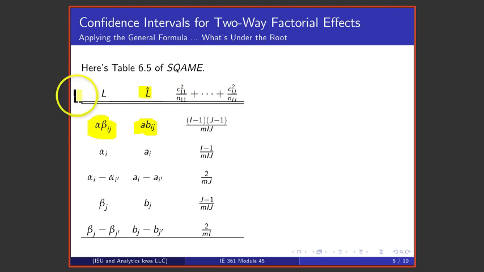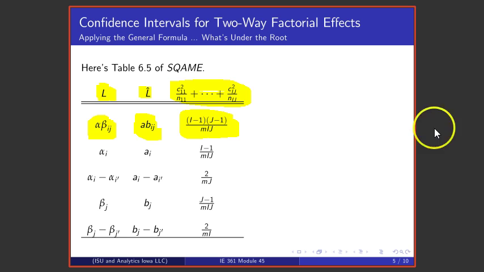The first is an L hat, the theoretical counterpart is an L. And to make confidence limits for this theoretical L, one takes L hat plus or minus t value times s times the square root of a sum of coefficients squared over sample sizes. And in this case, that is a fairly simple form. I can take the number of rows minus 1 times the number of columns minus 1, put it over the common cell sample size times number of rows times number of columns.